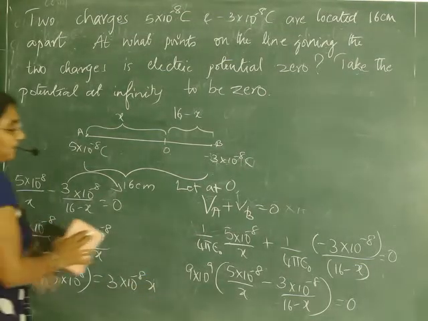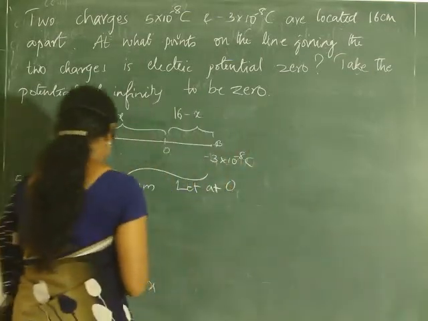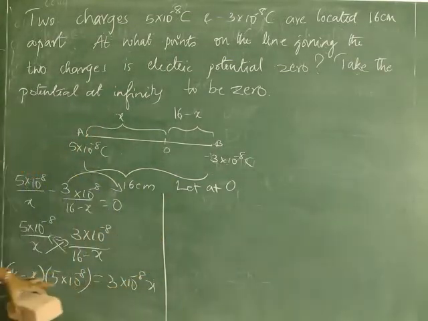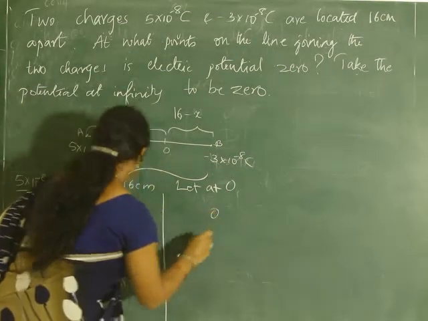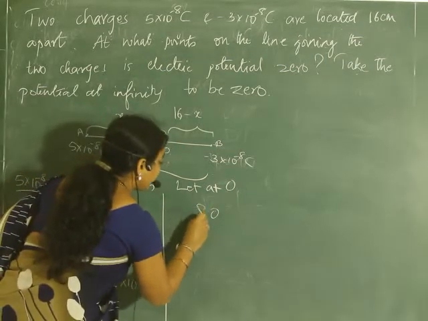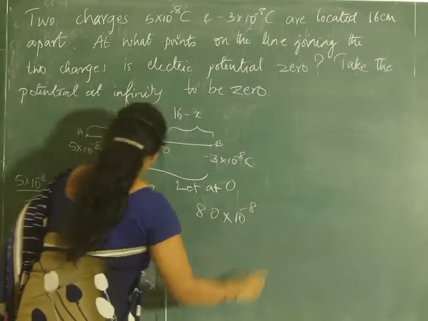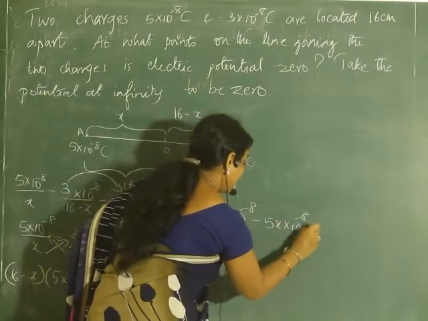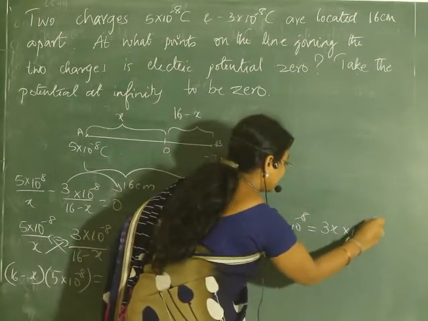So if you open the bracket, we get 16 into 5 minus x into 5. 80 into 10 to the power minus 8 minus 5x into 10 to the power minus 8 is equal to 3x into 10 to the power minus 8.